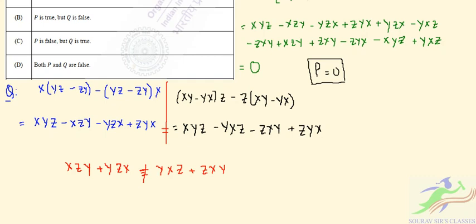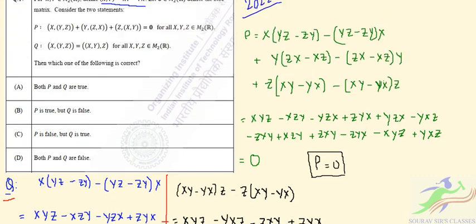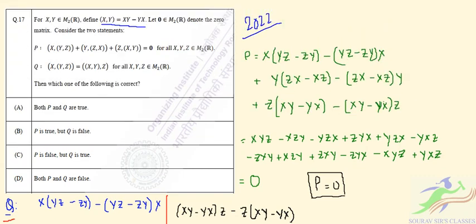So in our case, Q is not true. So for this question, the correct answer is P is true but Q is false. Option B is the correct answer.